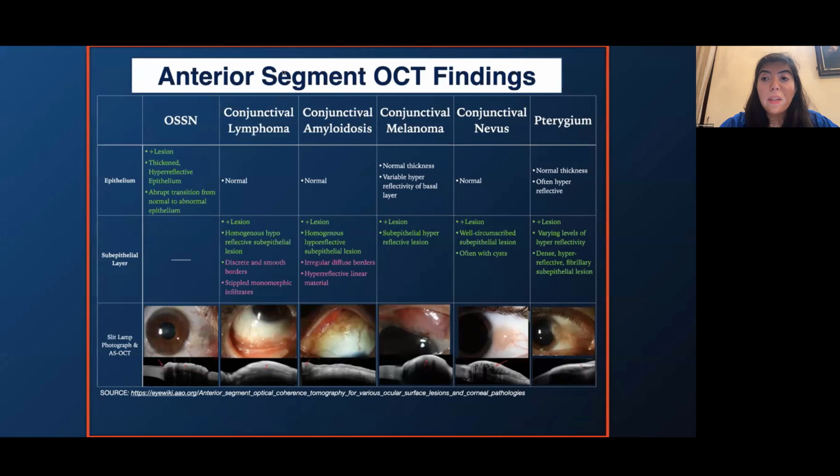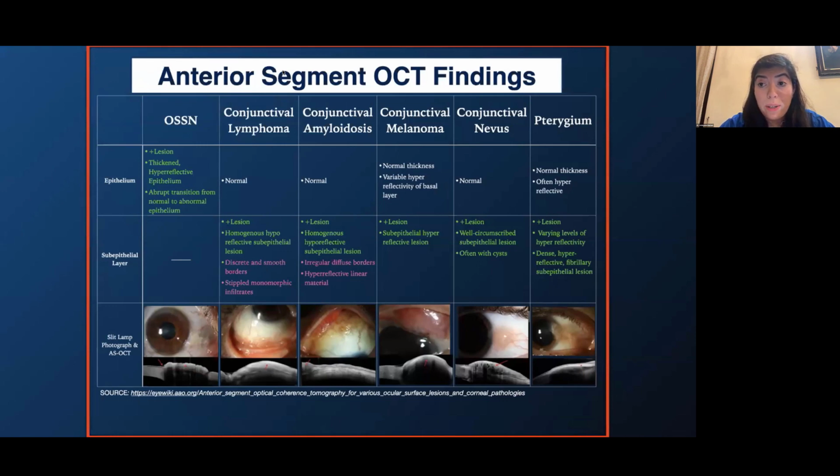In conjunctival lymphoma, all the cells are monomorphic. They're the same. They're dark. The appearance, thus, is homogeneous. And here in conjunctival lymphoma, the conjunctiva almost looks like a pseudocapsule. So another thing to keep in mind there.